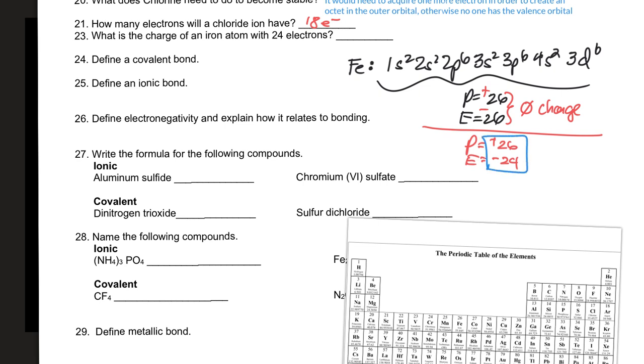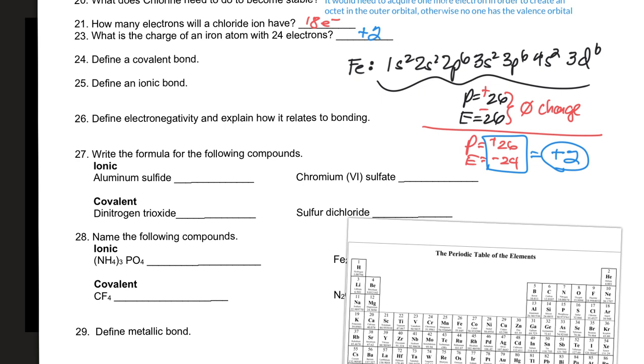We've got 2 more protons than we do electrons, so that means the charge will be a plus 2. So when it asks us what is the charge of an iron atom with 24, a neutral atom will have 26 electrons. So when you have 24, you're going to have 2 electrons short of 26. So the charge here is going to be a plus 2.